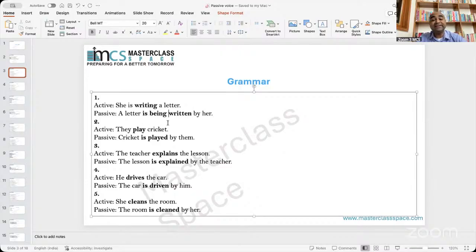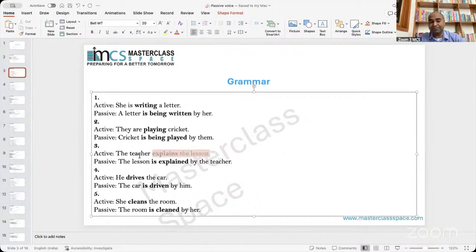Then a letter is being written by her will become passive voice. Now the sentence will be: they are playing cricket. What do you need to add extra in passive voice? Being. It means in active voice, present simple may have a different structure from present continuous tense, but in passive voice, just one thing will be different, and that is being.